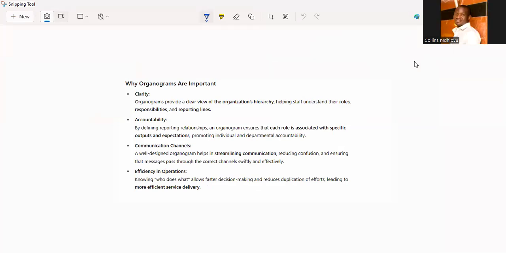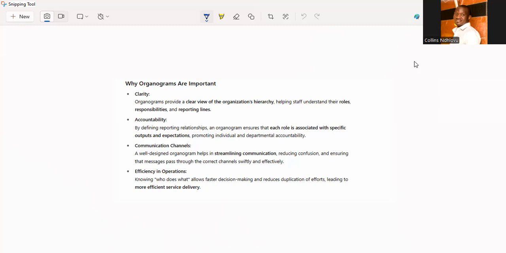So these are important to know in the sense that, number one, they provide you with a clear view of the organization's hierarchy. They help the staff understand their roles and responsibilities. Organograms are important for accountability because they help define reporting relationships. In the army, they follow so much of such, who reports to who, the role that each person has specifically.